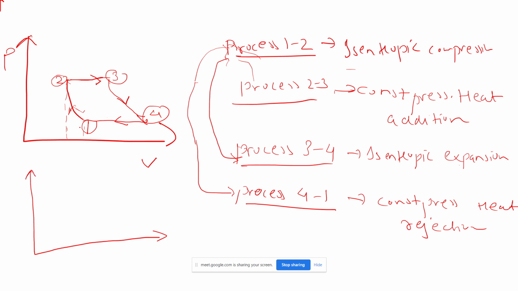Because first from 1 to 2, isentropic compression is taking place. Wait, I'll mark that also. This is temperature, this is entropy, the TS diagram.